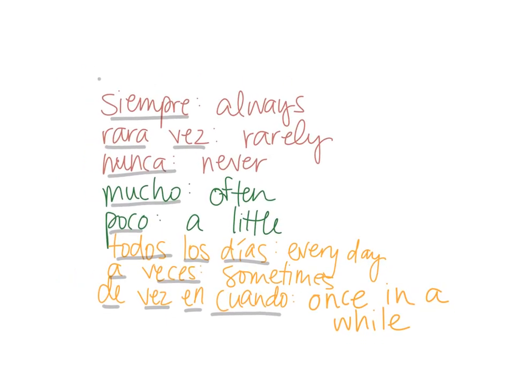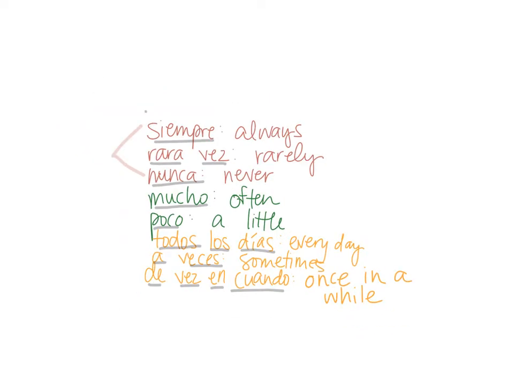So as you can see here, these three, which I have in this pinkish, maroonish color, these three are in the sentence going to be placed before the verb. Before the verb. Okay, so you would always use those before the verb.